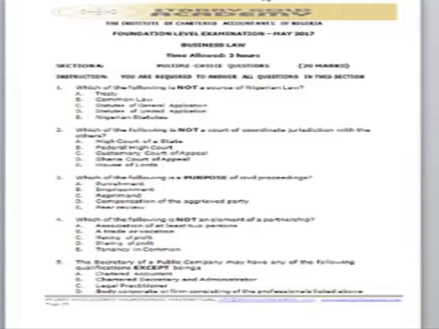You say, which of the following is not the source of Nigerian law? A, treaty. B, common law. C, statutes of general application. D, statutes of limited application. So all this is not.